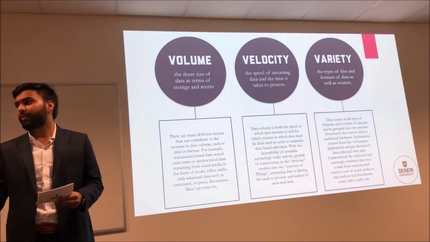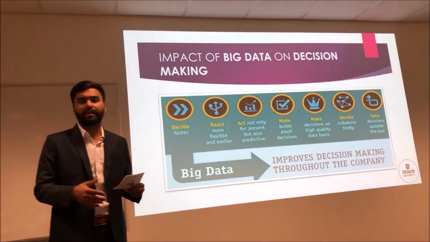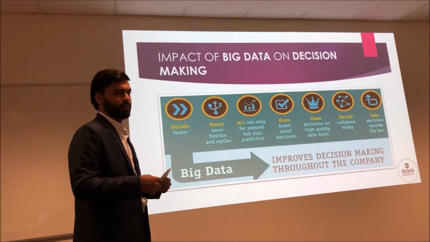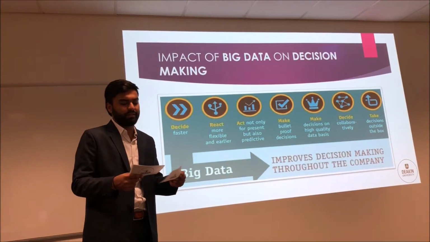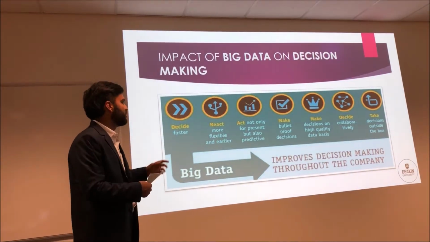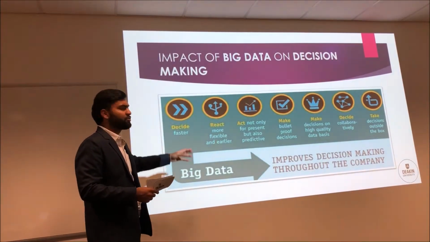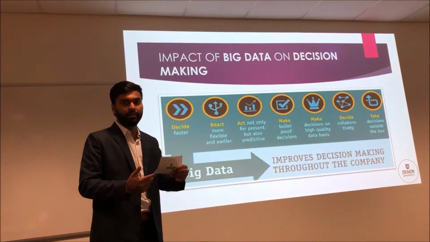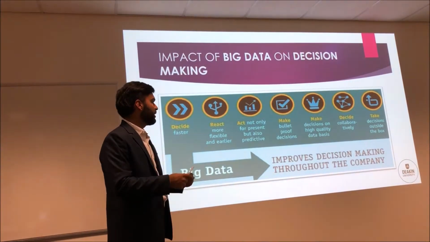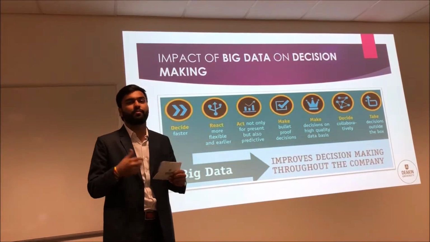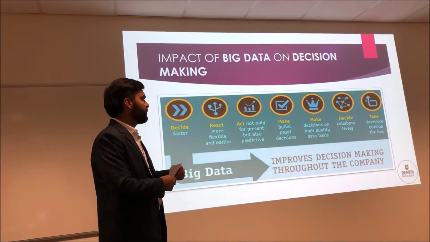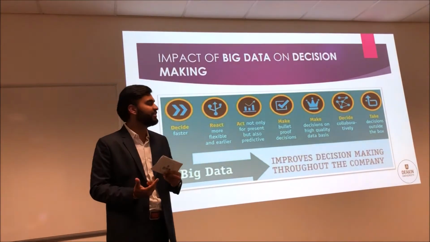And now coming to the next part of the video, the impact of big data on decision making. How has big data affected decision making? Big data helps to decide faster, helps us to react more flexibly and earlier because we have the data. It acts not only for the present but is also predictive. It predicts the future. It makes bulletproof decisions, that means safe decisions.